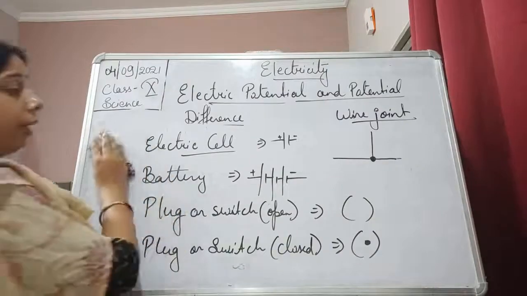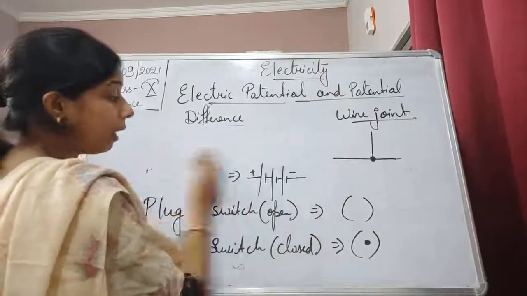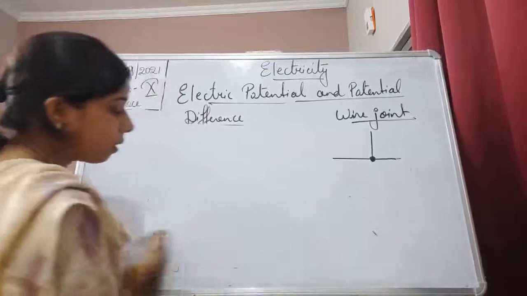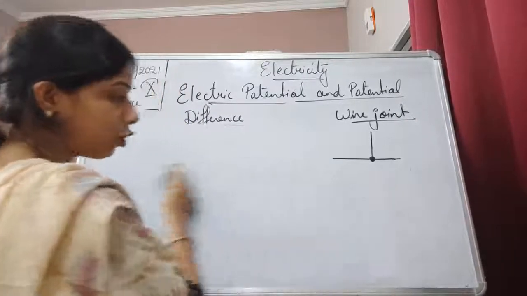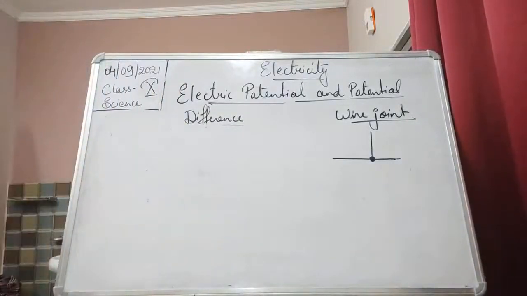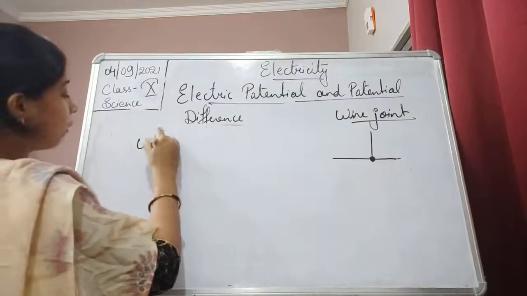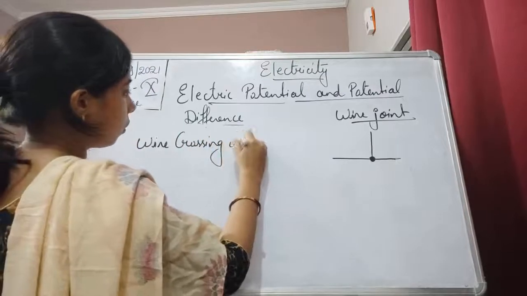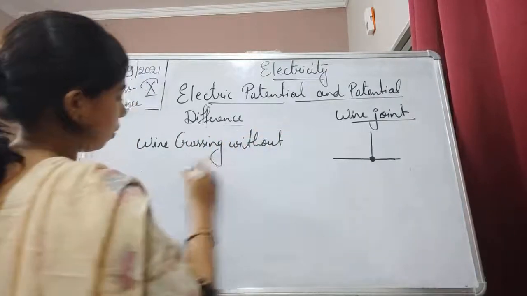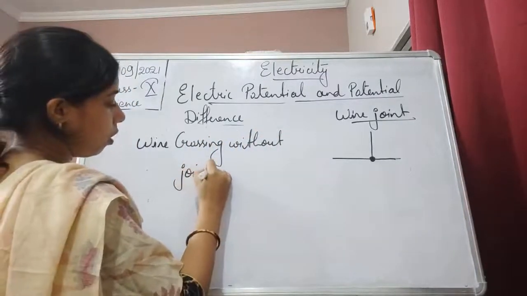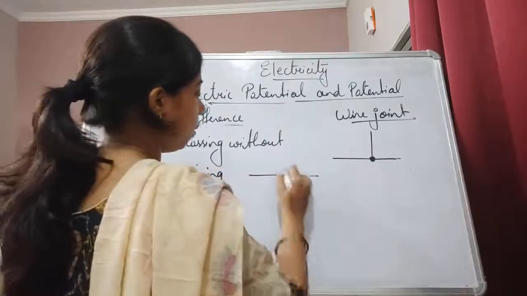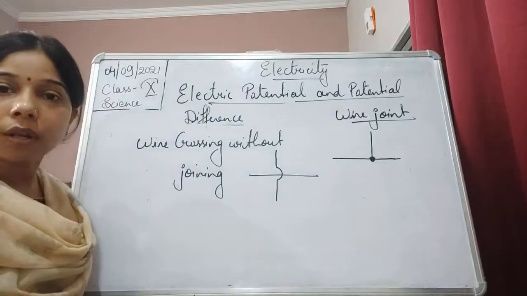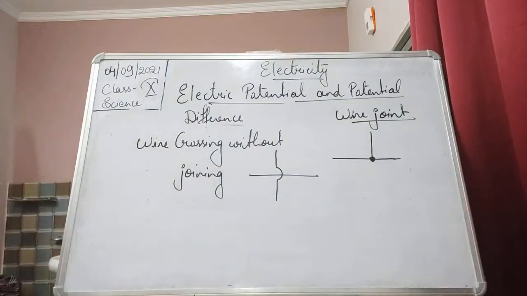Now if the wires have crossed each other instead of being joined at a point, the crossing of the wire without joining can be shown by this. So this is also a component.